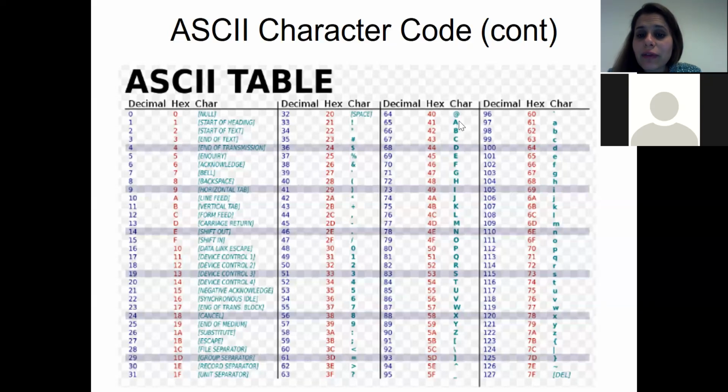Now, for example, if I go to the small letter a, this is in decimal, and this can be converted to binary. The number is going to be different. So this is different than this one, and even in binary it is going to be different. And this is how the machine will understand that this is uppercase, this is lowercase.